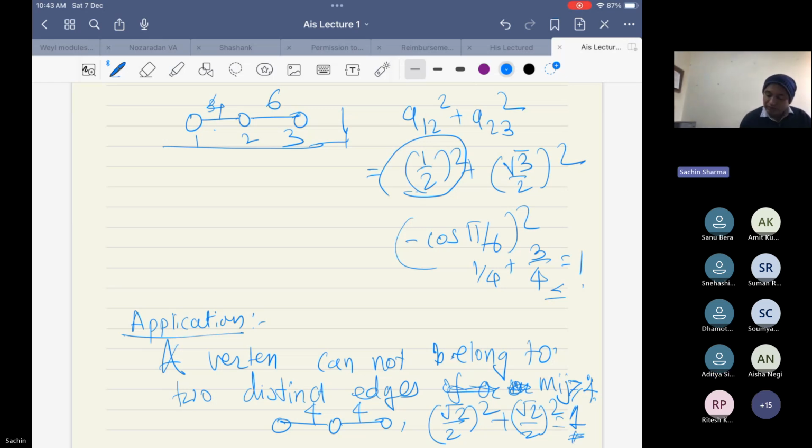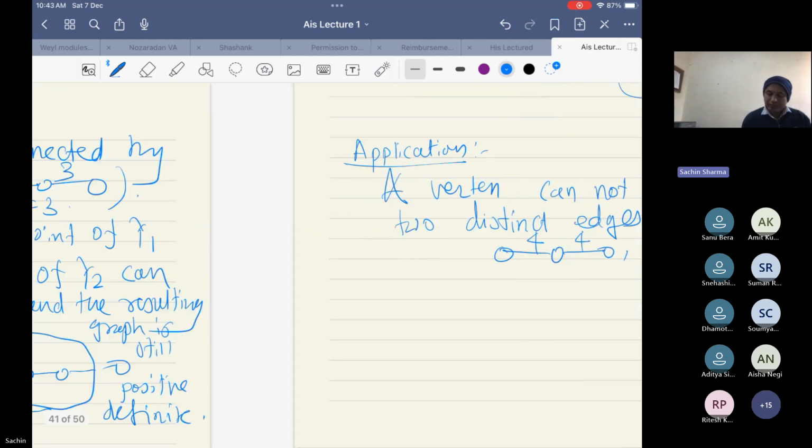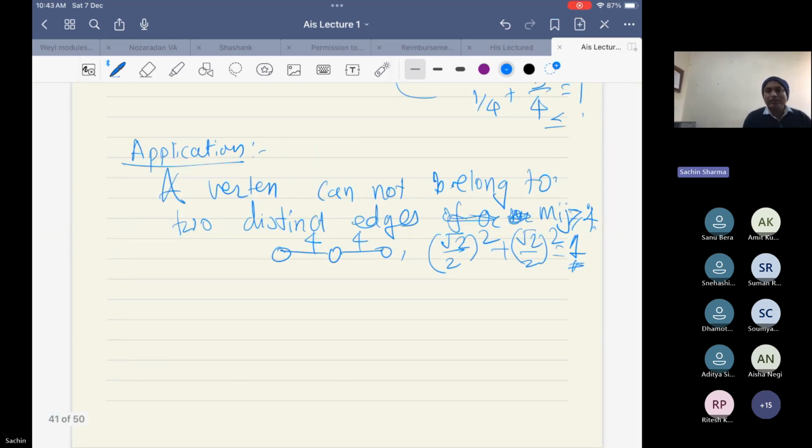Once you have these things, as you see, the applications of the lemma and the shrinking lemma, everything, you will come up with all these graphs which I am writing.